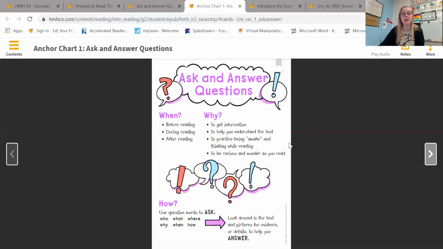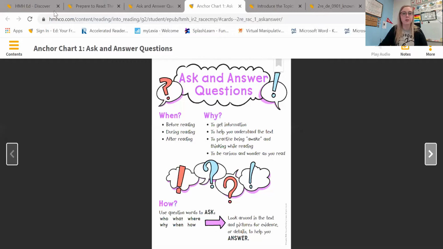That's one of our main focuses, to ask and answer questions along with the text organization and how things are in chronological order. I think that's all to get us started, to focus on those ask and answer questions before reading, during reading, and after reading.